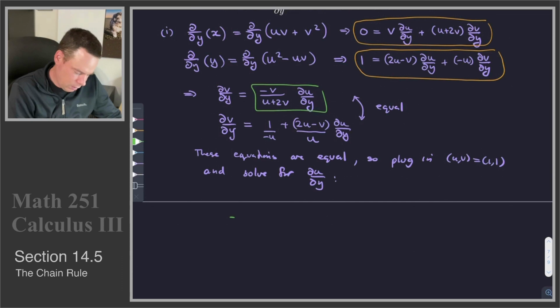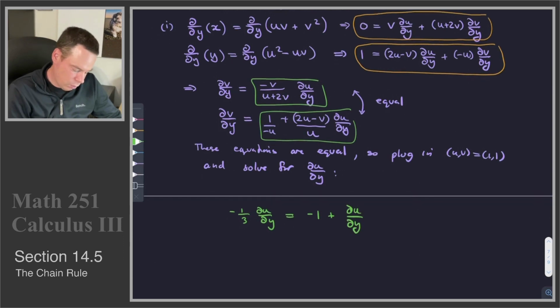So I get a negative v, which is 1, all over u plus 2v. So that's a negative 1/3 du/dy, and it's got to equal this equation with (1, 1) plugged in to it. So that's negative 1 plus 2u minus v is 1 over 1, times du/dy. And so there's our equation in du/dy.